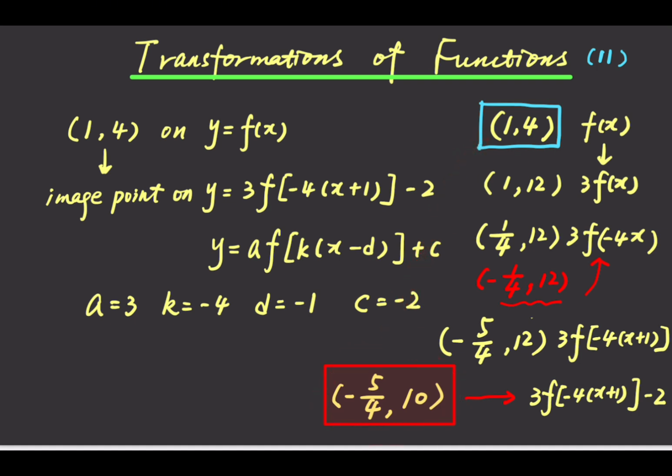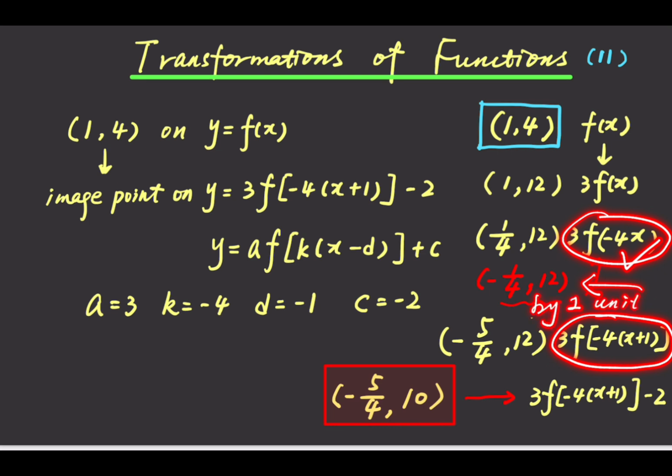From the whole process, you will find that from this graph to this graph, we need to vertically stretch the graph. From this one to this one, you need to horizontally compress the graph. From this graph to this graph, you just need to horizontally translate the graph to the left side by 1 unit.